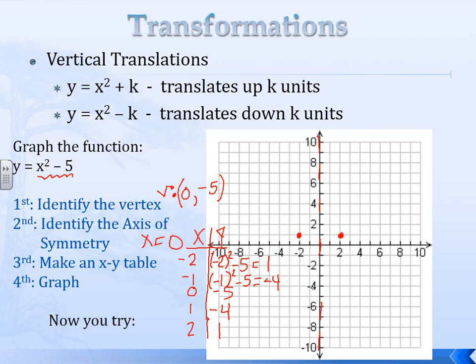So let's erase that, and that's actually going to go down here. And so -1, -4, which we reflect over the axis of symmetry to the other side, 1, -4. And then instead of drawing straight lines through your points, you want to draw a curved U shape called a parabola.